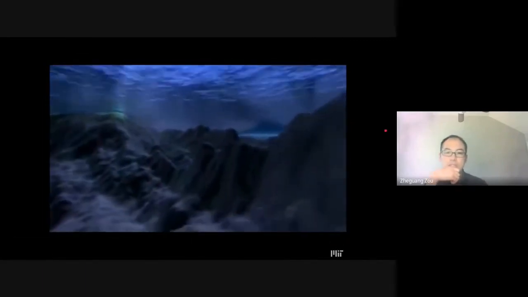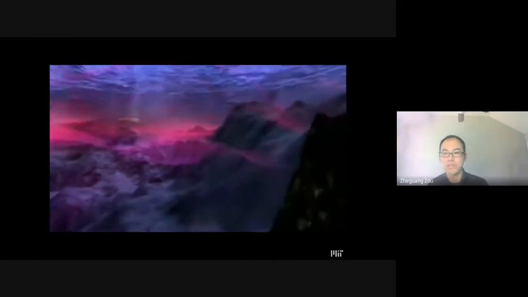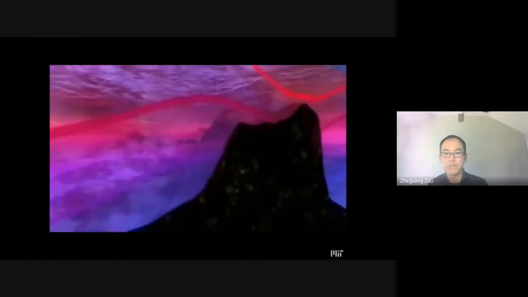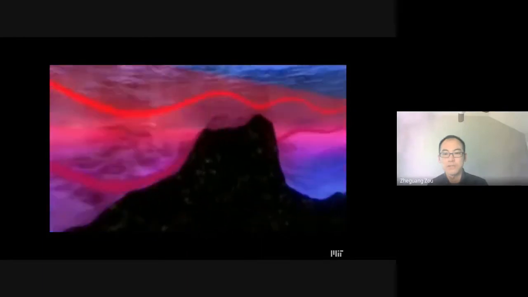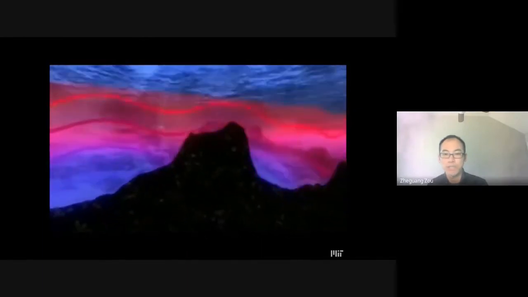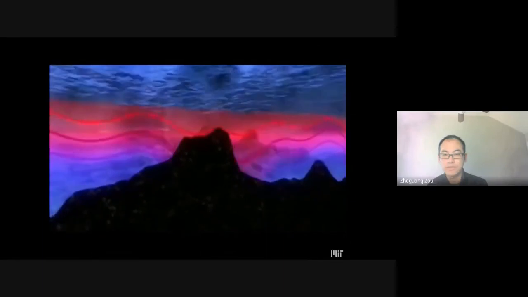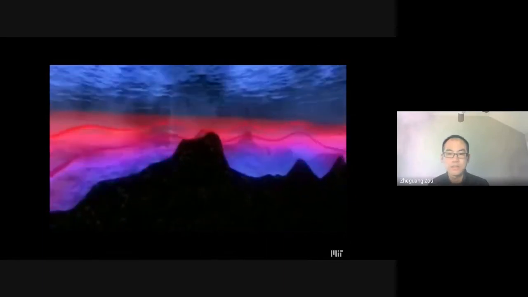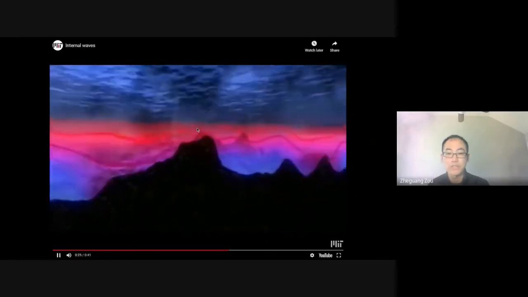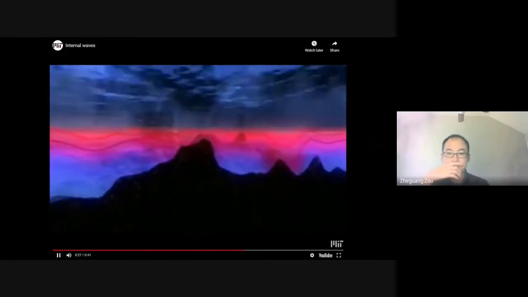Usually when there's a complex seafloor topography, the tidal forcing or the water coming through can generate a lot of perturbation in internal waves, and that way it can propagate. So this area is usually where internal waves are generated.